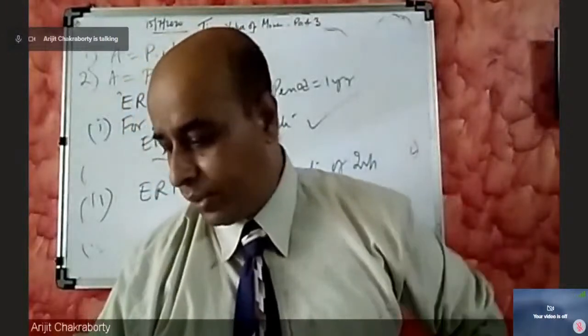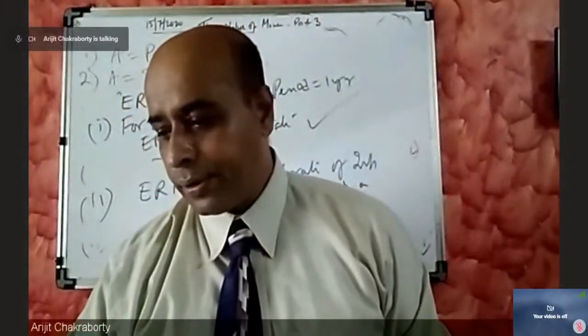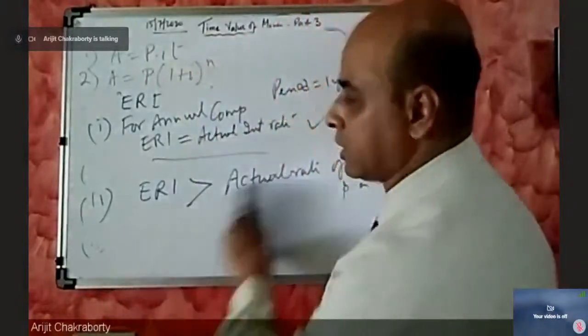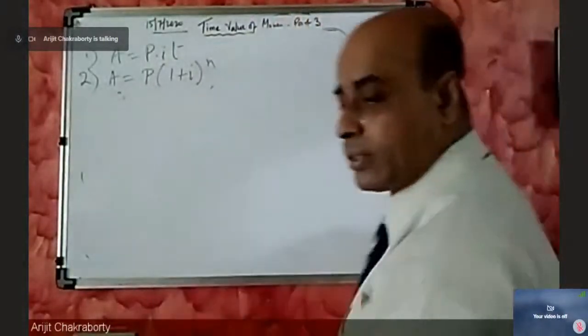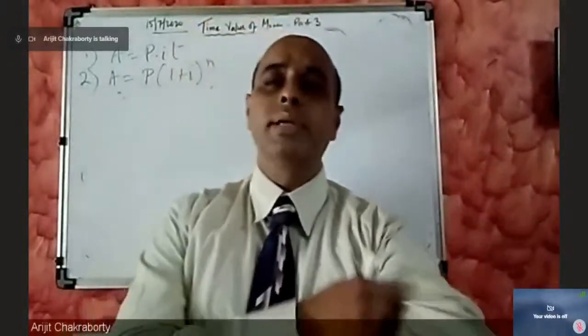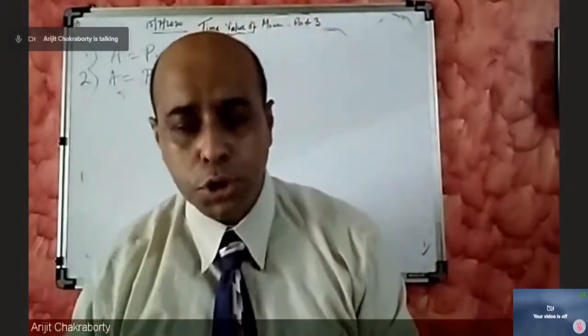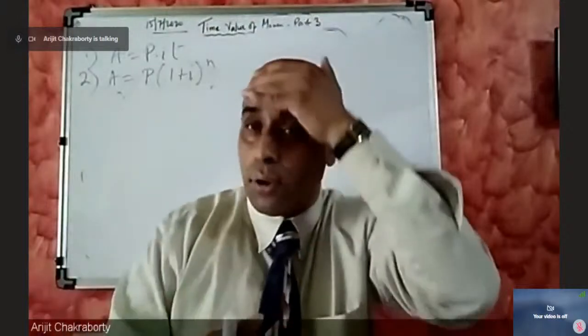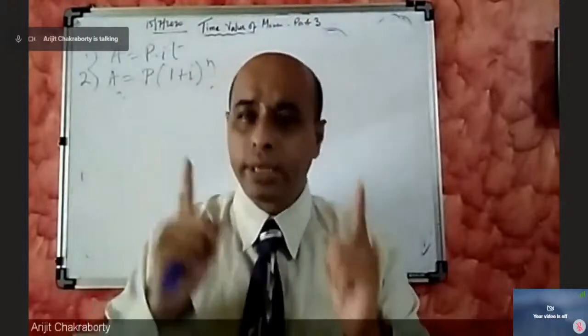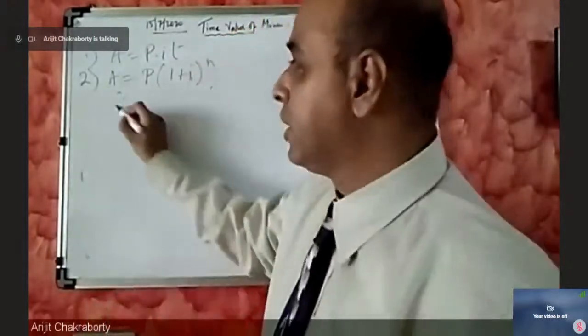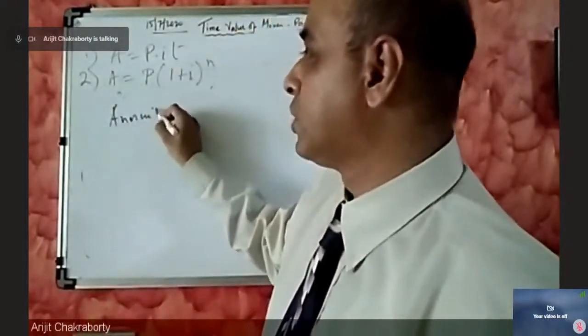Right. Now we move on to the annuity quickly, and you remember we discussed two types of annuities. First was the regular annuity, where the payment is made, the cash flow, either cash inflow or cash outflow, takes place at the end of the period. So we had annuity, you are clear.